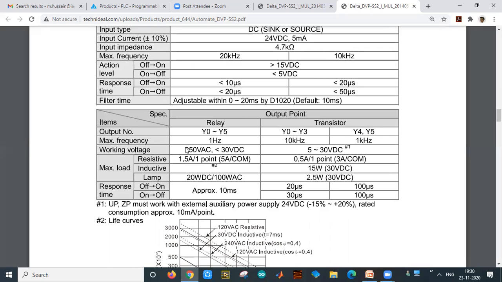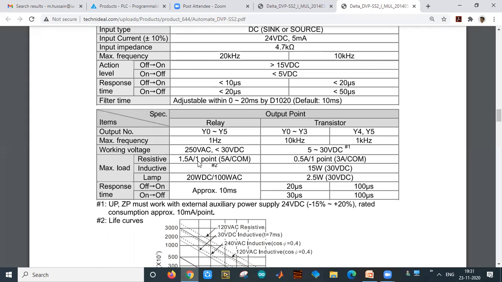And working voltage for your output devices is 250 volts AC or less than 30 volts DC. Okay, you have to remember all these electrical specifications. Maximum load is 1.5 amperes per 1 point. Okay, 5 amperes per common port. Okay, you have to make sure that the current flowing through the output terminal should not exceed this value.